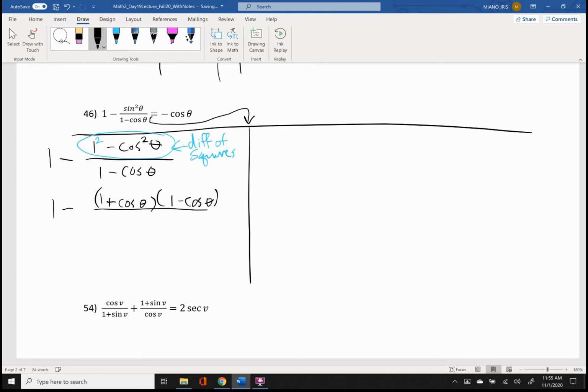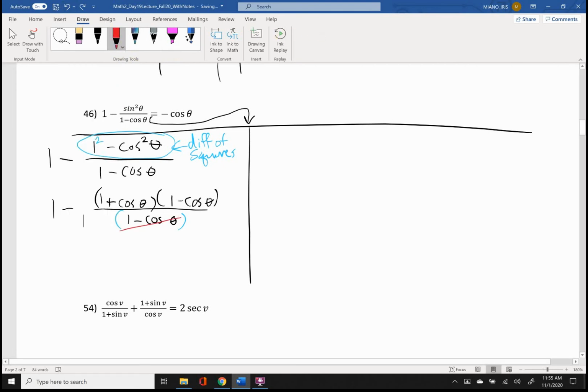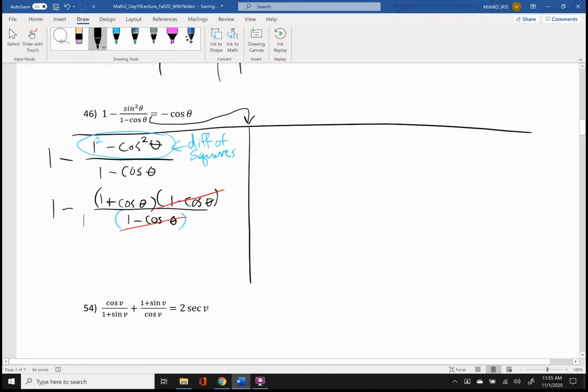So this 1 minus cosine theta bit will cancel out. We'll think of this as a binomial factor in the denominator that matches up with this one. Slash, slash. I usually slash these things in red, so let me be consistent with that, because that's just more fun. Then put it back to blue, and take my black marker and say, all right, now I have 1 minus 1 plus cosine theta.